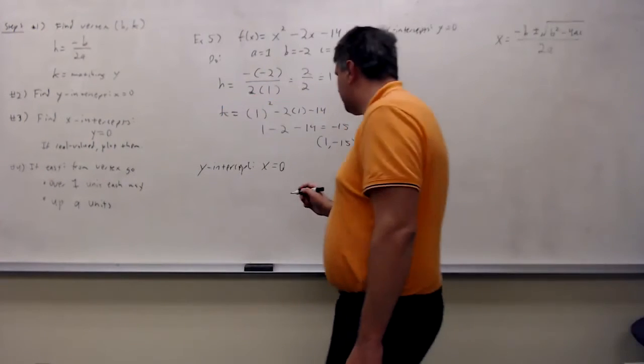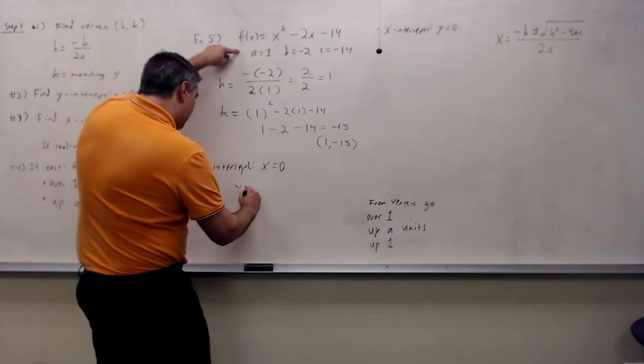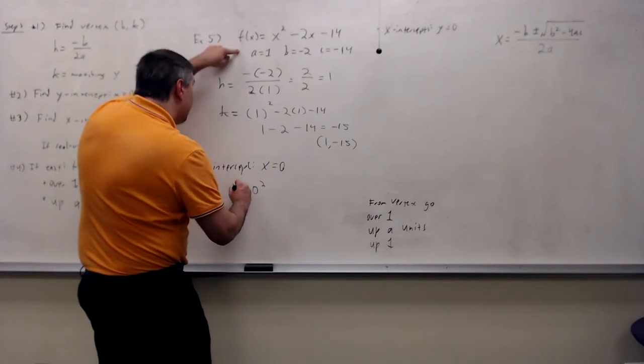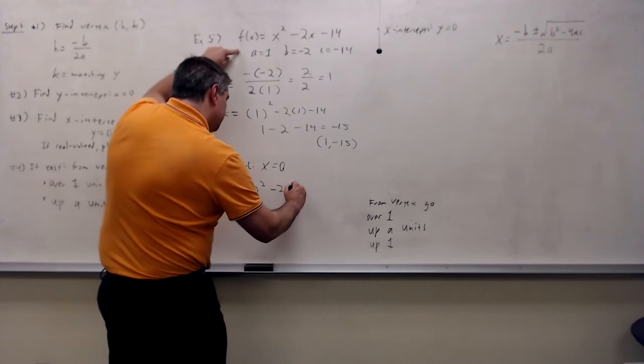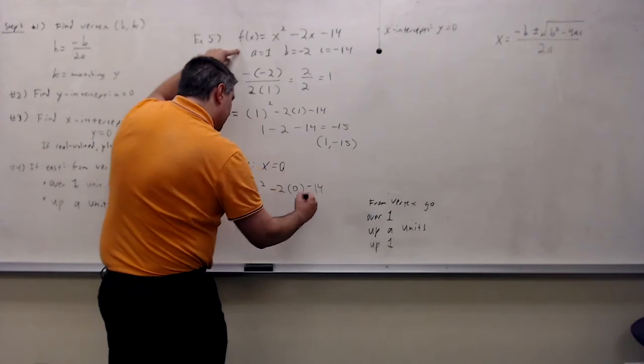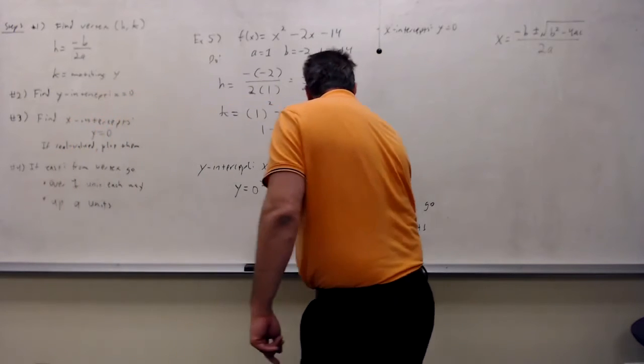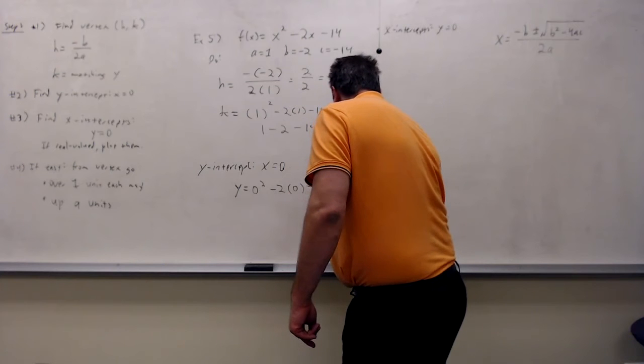The y-intercept. x equals 0, so y equals 0 squared minus 2 times 0 minus 14. 0 minus 14 is negative 14.